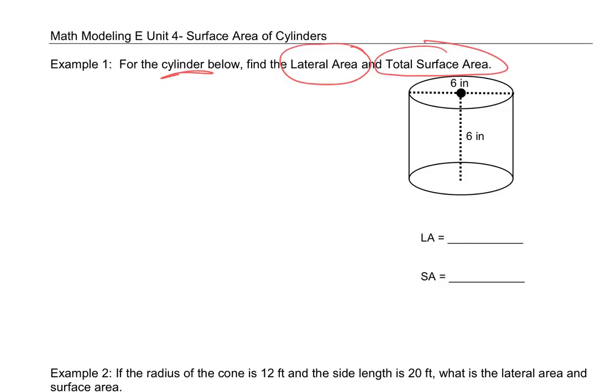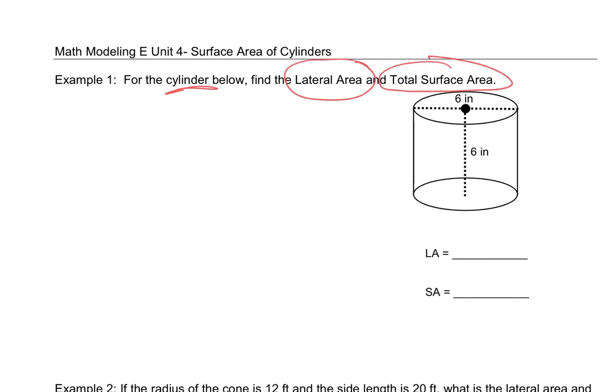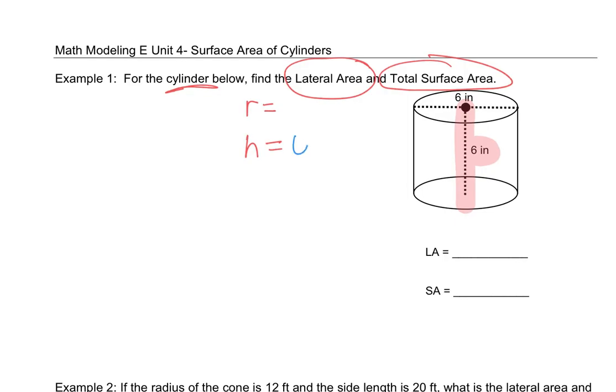My radius is something that I need, remember. So I want to figure out what the radius is, because it's a very delicate piece of information that I need. And then I also need to know what the height is. The height is very telling. The height is from the top to the bottom, and I can see it clearly. This is your 6 right there. Okay, so I'm going to write for h, it's 6.